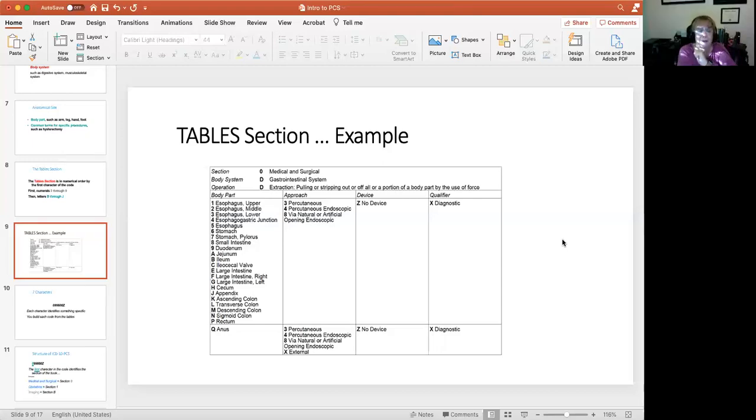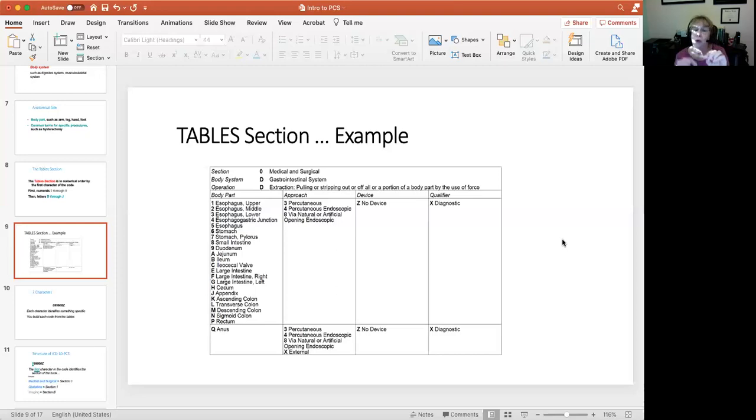Now, because you are building your code one character at a time, you may get to a situation where one of the columns is not relevant to this particular thing. There's no device that the doctor is going to use and leave in the patient to take the quarter out of the kid's esophagus. So no device.